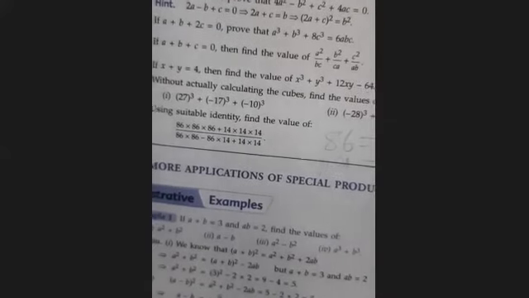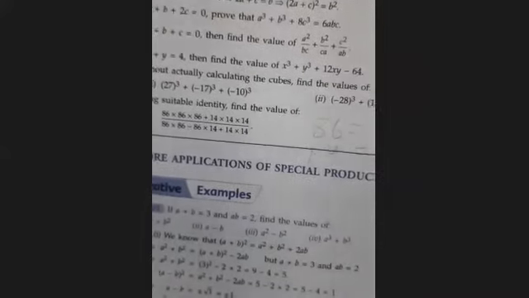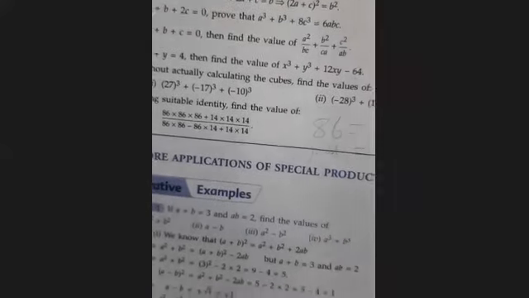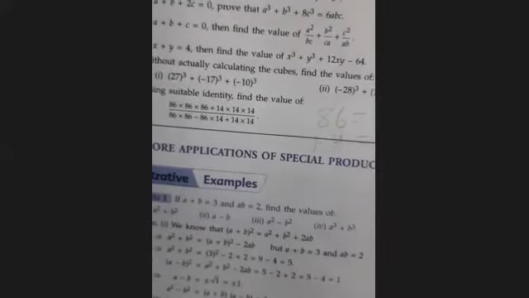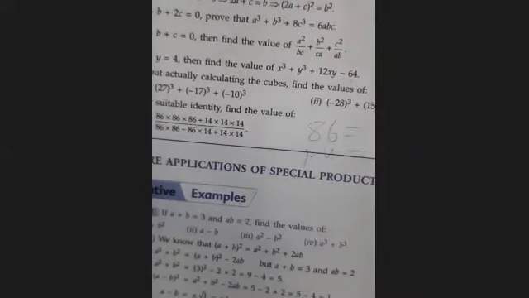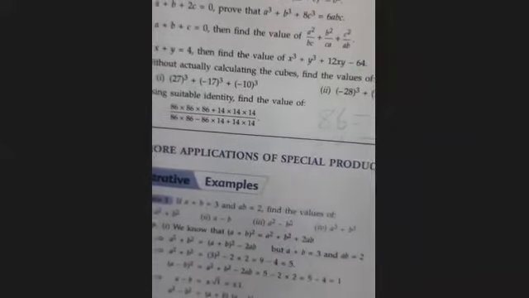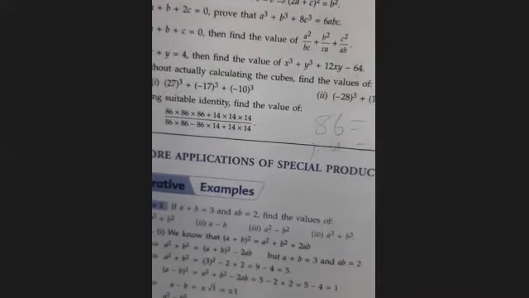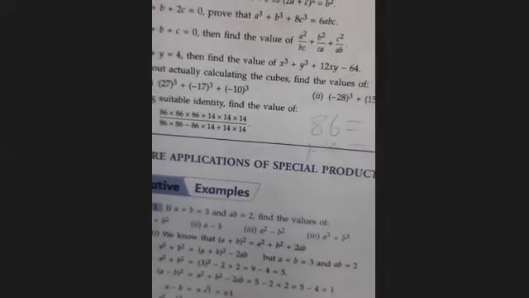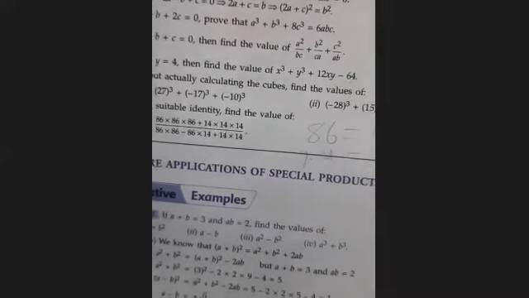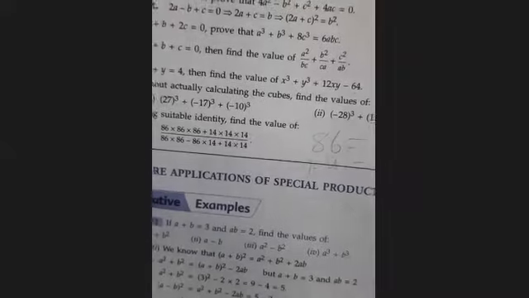In the numerator, 86 into 86 into 86, that is A into A into A, means A cube, plus 14 into 14 into 14, what will you write? B cube. In the denominator, it will be 86 into 86, A square, minus AB plus B square.